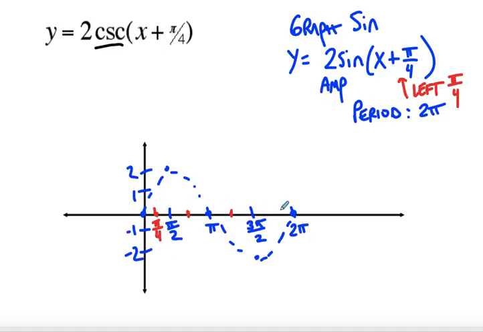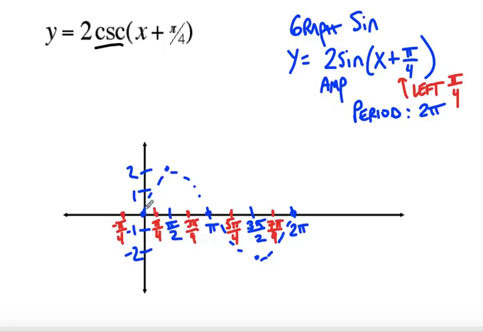So we should kind of add those in. So if going to the right, one red tick mark is pi over 4, then this would be a negative pi over 4. This would be 1/4, 2/4, so this would be 3 pi over 4. 4/4, then this would be 5 pi over 4, 6 pi over 4, which reduces, so then this would be 7 pi over 4.